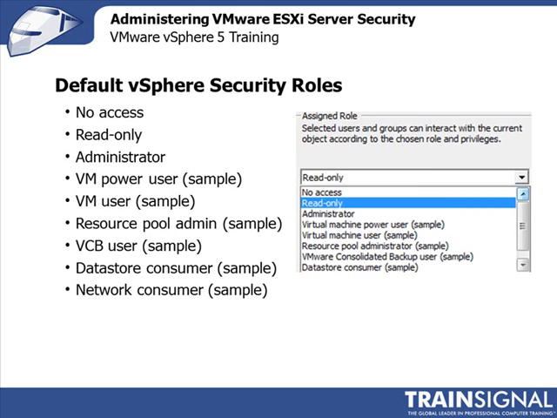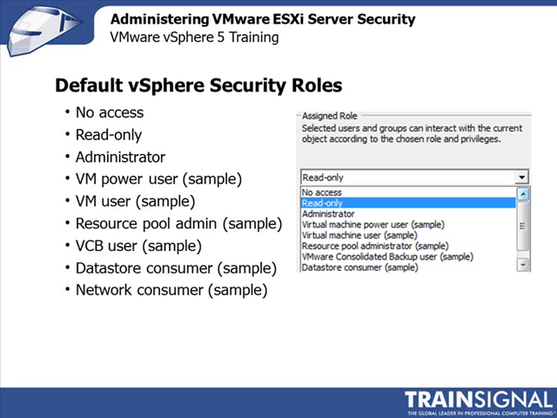I was talking about the vSphere security roles. There are a number of default vSphere security roles. You'll see those when we go into the vSphere client, and those roles are listed right here: no access, read-only, administrator, and then there are other sample roles like virtual machine power user. Say you had a SQL admin who wanted the right to power on and off the SQL server through the vSphere client.